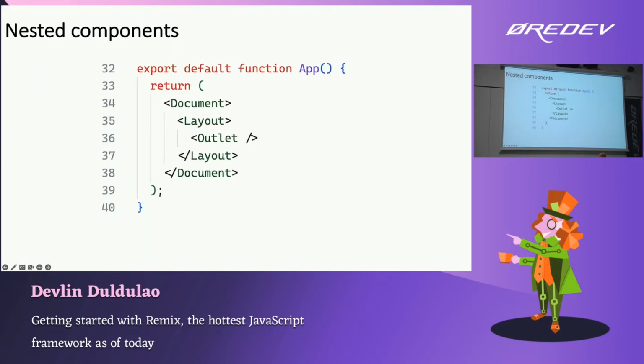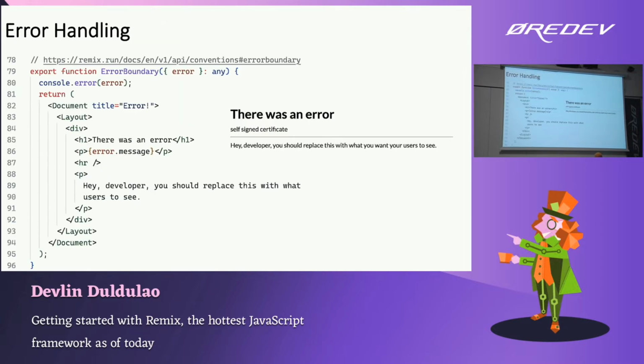Nested components: Remix gives you the possibility of managing nested pages and components. We can create a file to handle a certain route and, at the same level in the file system, a folder with the same name, and all the files that we create inside that folder will be nested components of the parent route instead of different pages.